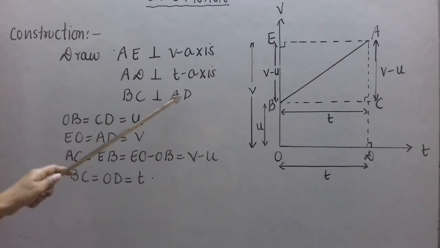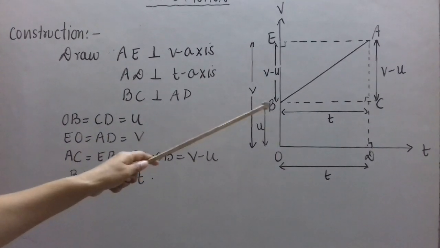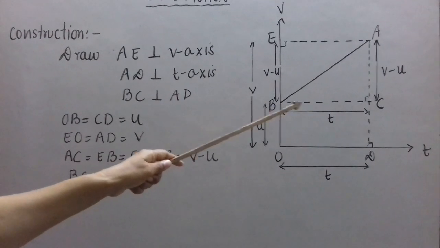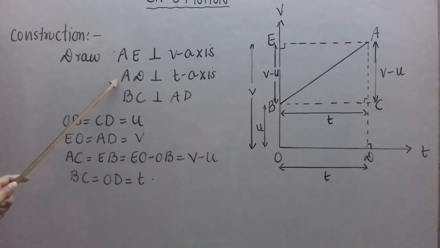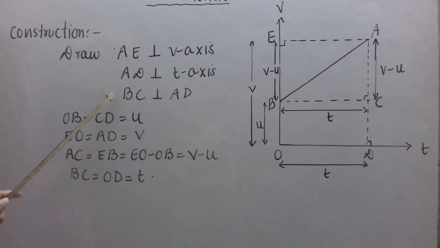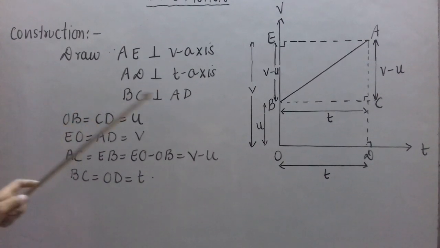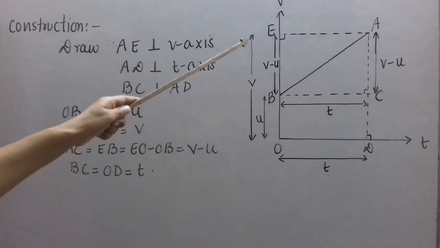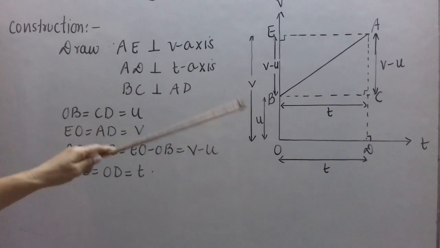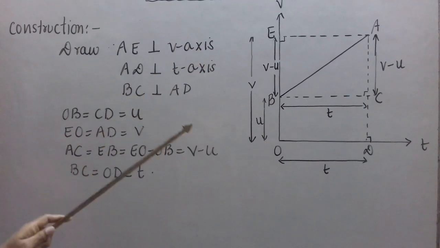BC perpendicular to AD. From B I have dropped a perpendicular on AD. All three perpendiculars that are drawn can be drawn with the scale, and I can show this rectangular sign to mean that it is a perpendicular, and these should be dotted lines, not solid lines.